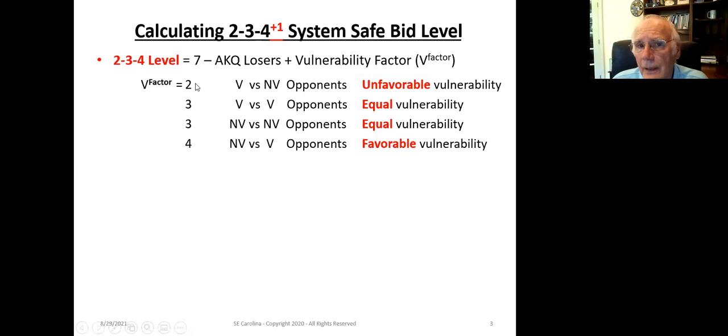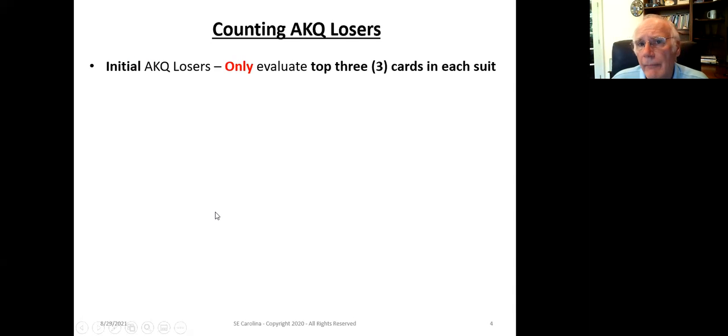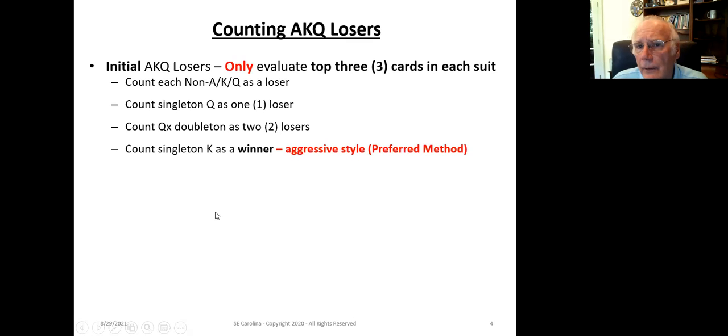So you can see that based upon vulnerability, we get a range of 3 levels within the bidding. Now, here's the methodology for calculating the number of losers. Again, since there's a mini lesson on that, I'm not going to review this. You can go review that, watch that video and get up to speed.